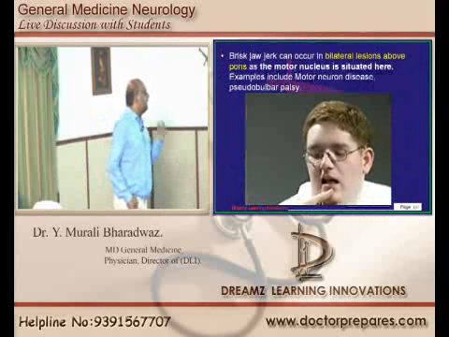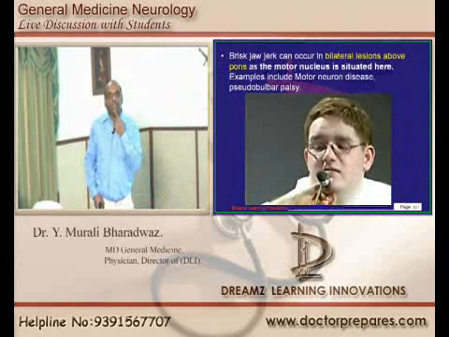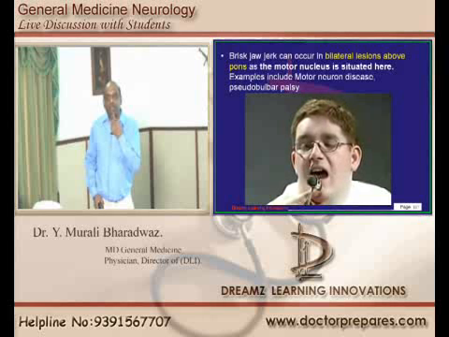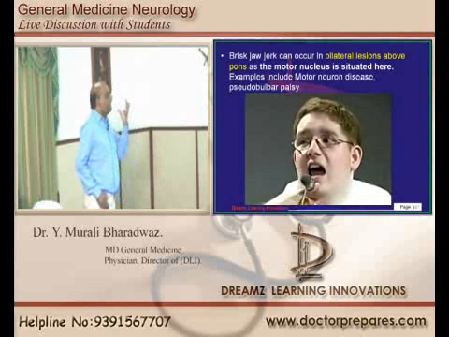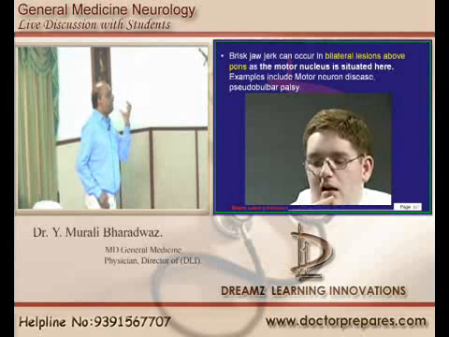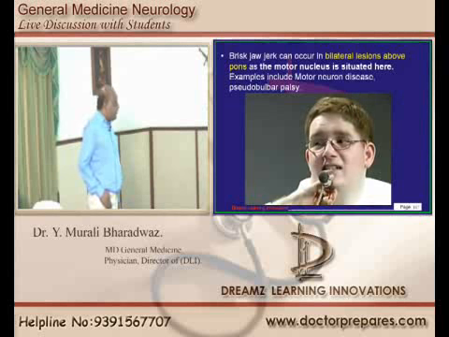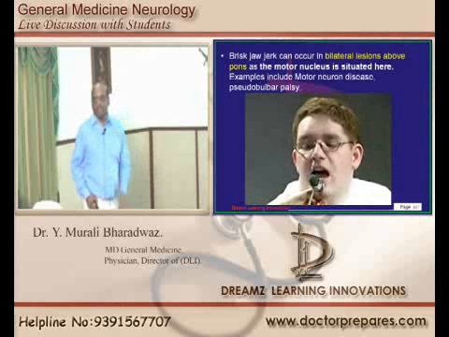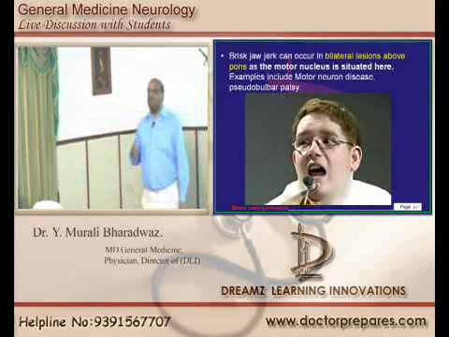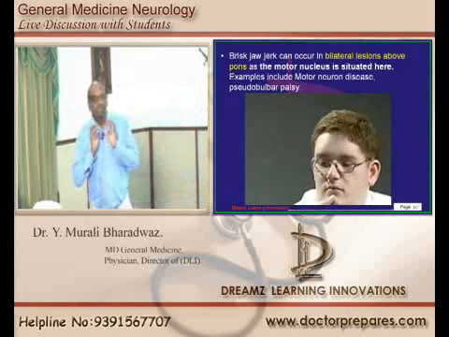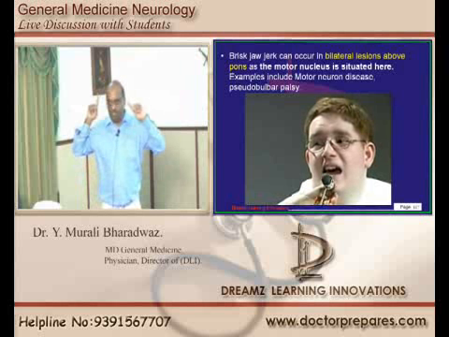Now you will be eliciting the reflex of the jaw, and you will be seeing whether the patient is having an exaggerated jaw reflex or no jaw reflex. Suppose there is an exaggerated jaw reflex, what does it mean? The jaw reflex is because of the muscles which are elevators and depressors of the jaw, and they are innervated by the fifth cranial nerve.